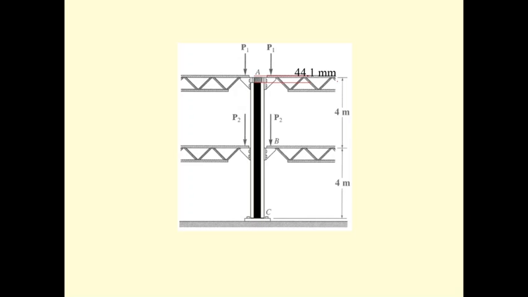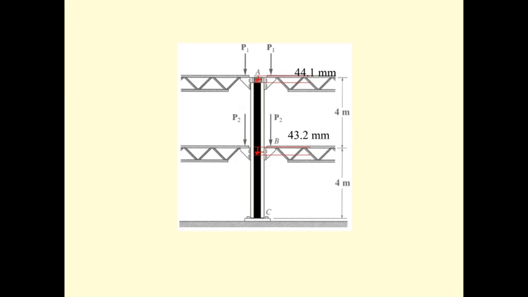So the first part, when the force acts on the structure, point A has a downward movement of 44.1 millimeter. Point B is only the shortening of the column BC, which is just 43.2.